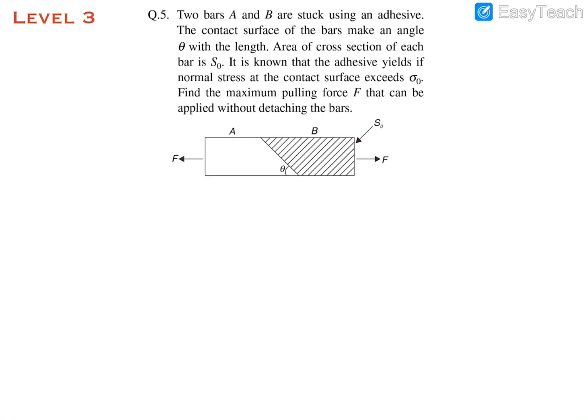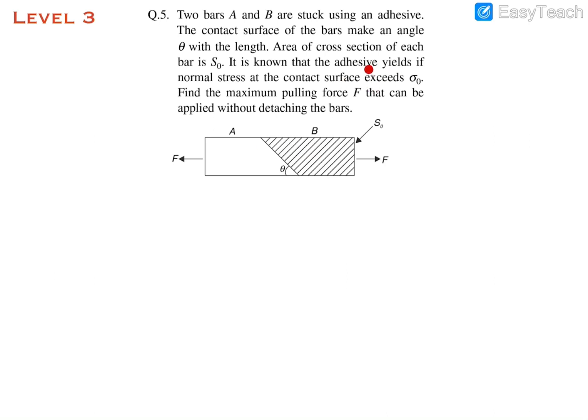These bars are in contact at the junction, and the junction is making an angle of theta with the horizontal of the bar. The area of cross section of each bar is S0, and it is given that if we apply a certain maximum force, after which these bars will separate and this adhesive will not be able to hold the bars.